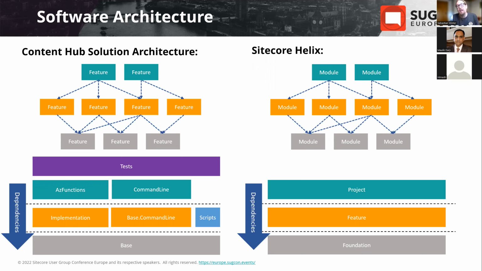What we have here is definitely a layered approach. Instead of a foundation, we have, for example, a base layer, which is a project that handles the base of everything, and then we have the implementation layer. We will go into the solution one more time to elaborate a little bit more on that.